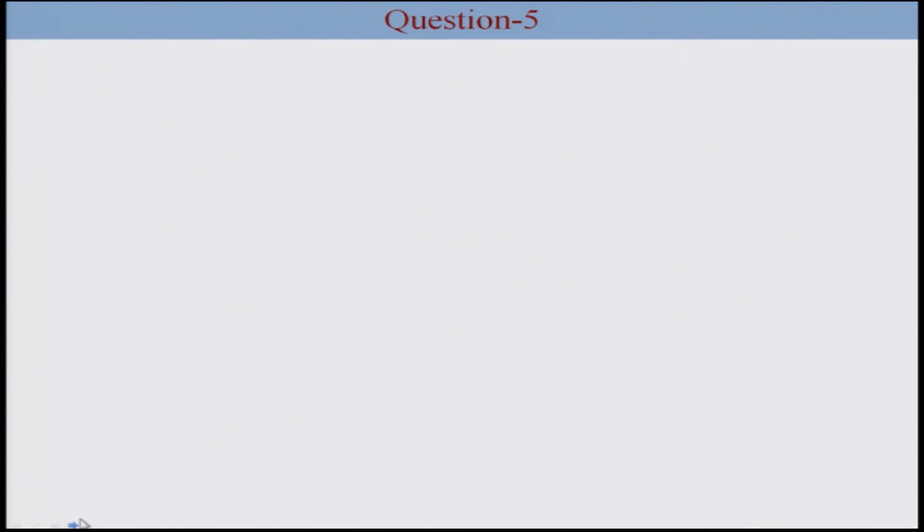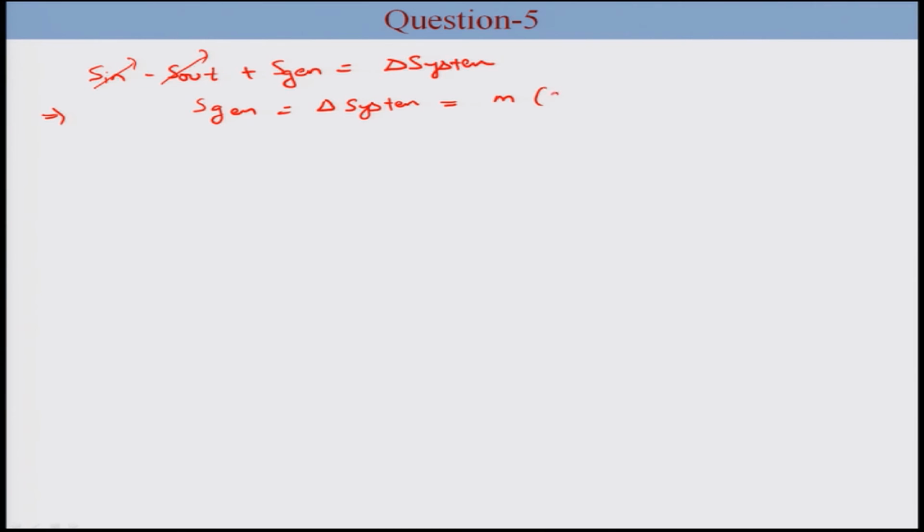So applying entropy balance, S in minus S out plus S gen is equal to change in entropy of this system. From here these two will be 0, so we get S gen is equal to delta S of system, and this is equal to m (S2 minus S1).